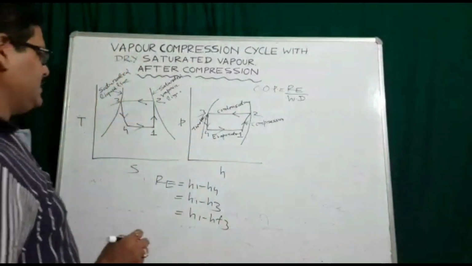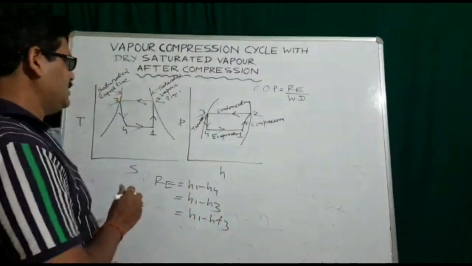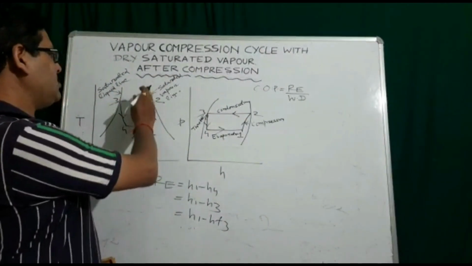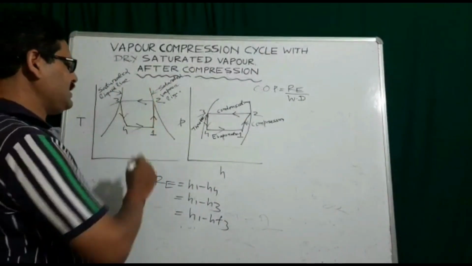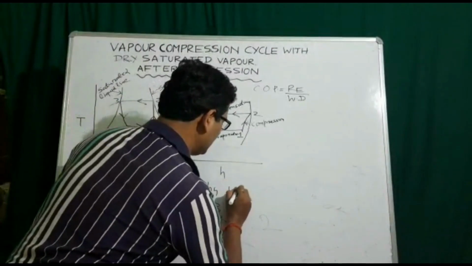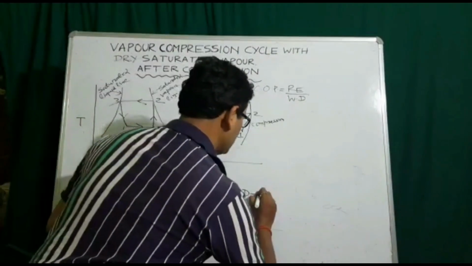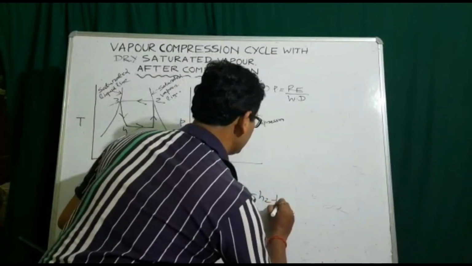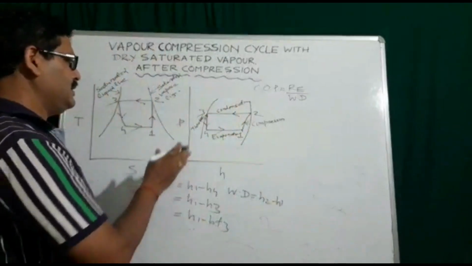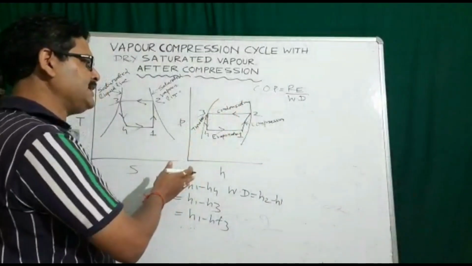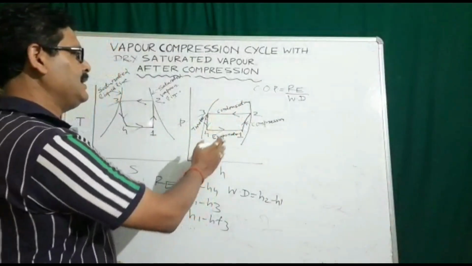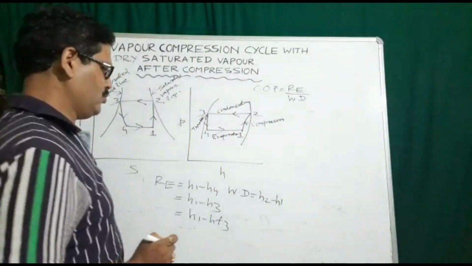As far as the work done is concerned, the work done is the work done in compressing the refrigerant, and in terms of enthalpy difference it is H2 minus H1, because the refrigerant is entering the compressor at 1 and leaving at 2.